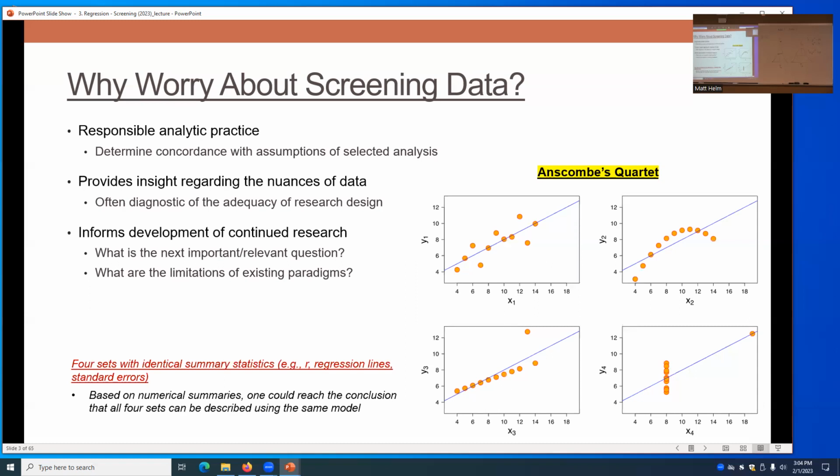But if you statistically look at this with our summary statistics, our regression lines and things along those lines, these are interchangeable data sets. They all give us the same mean, the same variance, the same regression coefficients here. But very, very different relations are being captured here. This is perfect. This is what we want to see. This is our standard. It looks like X and Y are related in a linear fashion.